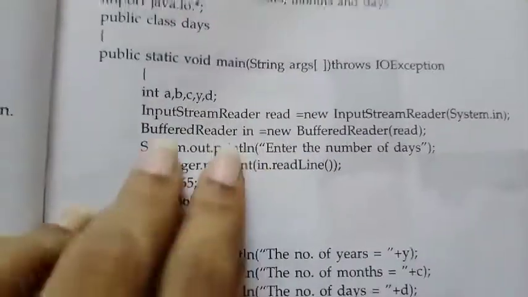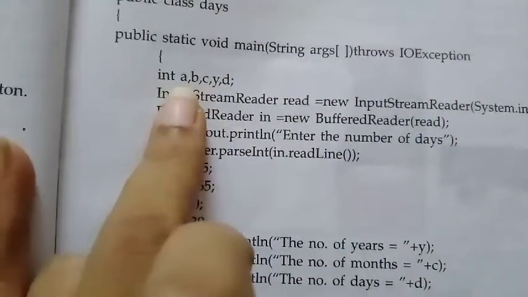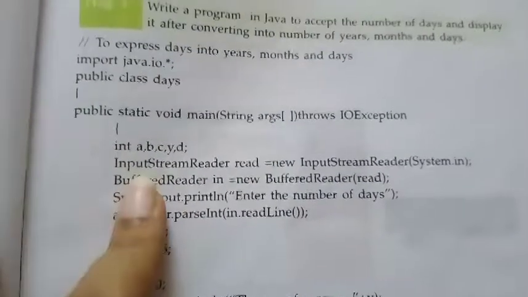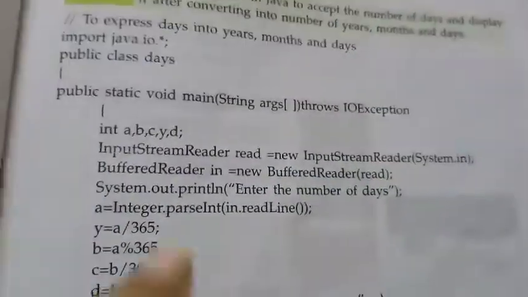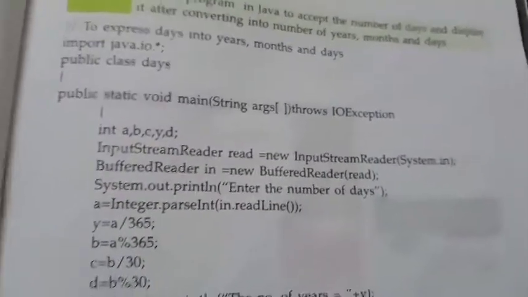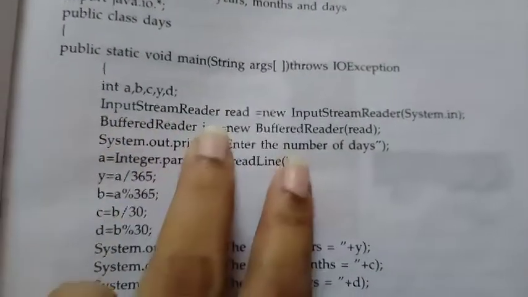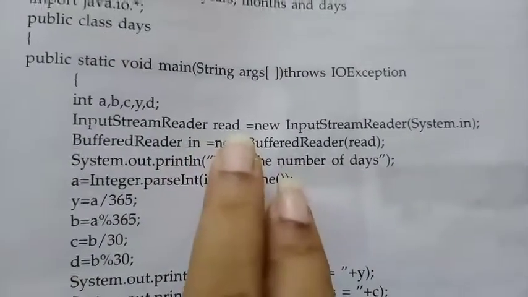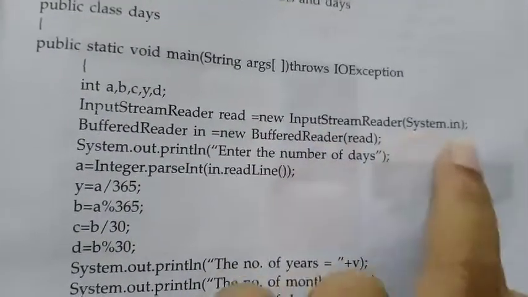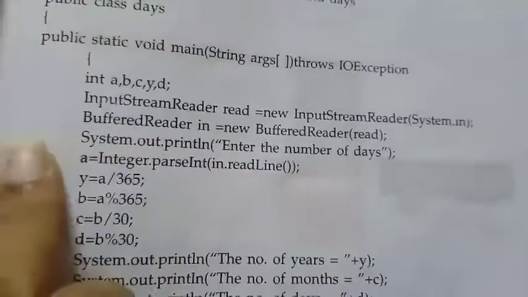In a you are going to store the data, that is the number we are going to take, and b is going to be your temporary variable. Then we are going to display the years and days. Again the same things: InputStreamReader is a class name, then this is the object for this class, new is the operator to create, and System.in is used to read the data from your keyboard.